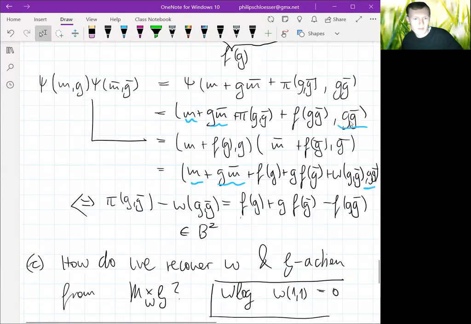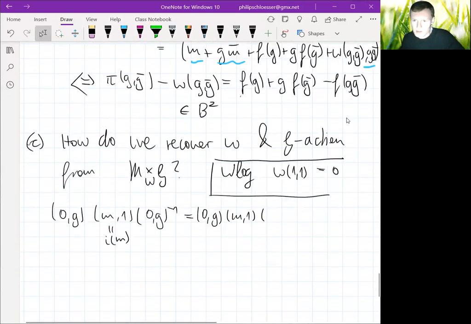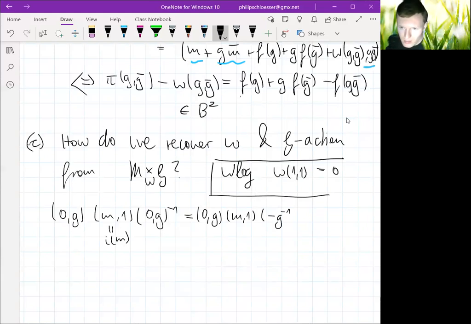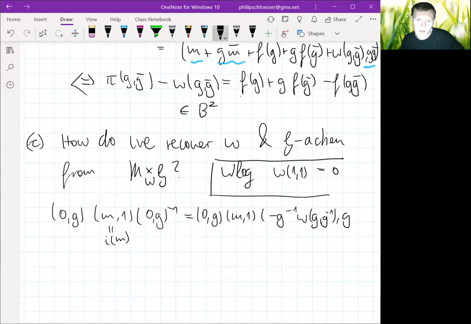And lastly, we have the G inverse. Is this just 0G inverse? Or let's say minus G inverse omega G inverse. I think that is more the case.